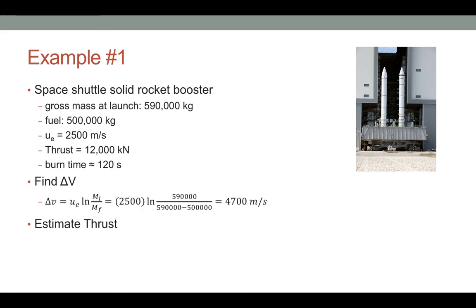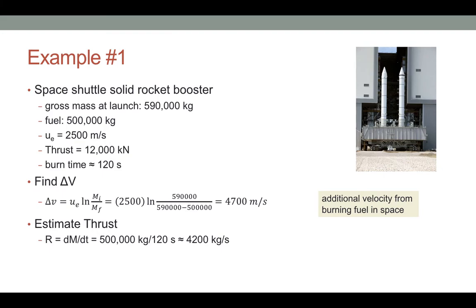And here are the answers. For delta v, we plug in u sub e, this number, times the log of the ratio of the two masses. That's the 5,900, which is the total mass we start out with, over what we end up with, and we get that the change in velocity is 4,700 meters per second. That, of course, would be if we were to launch our rocket in outer space, not from the ground.